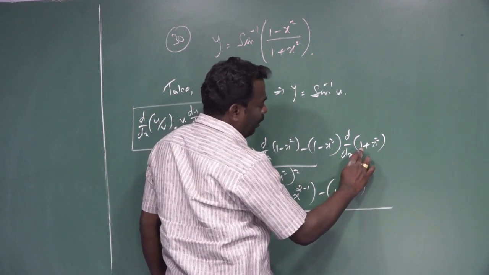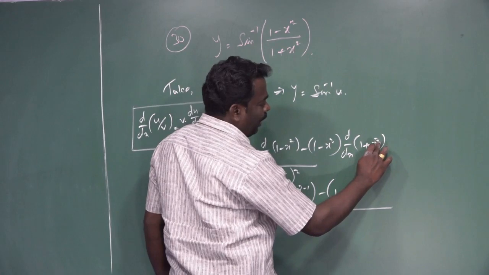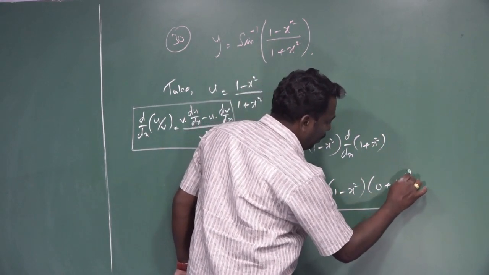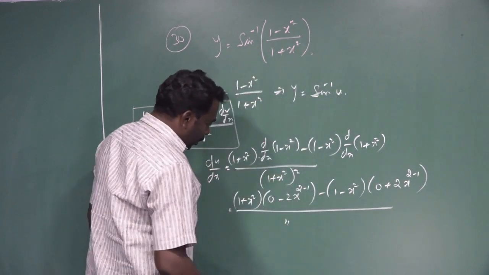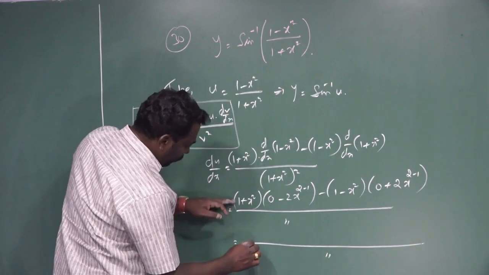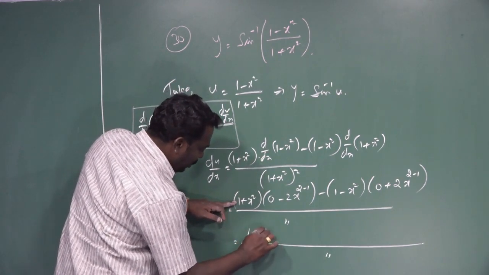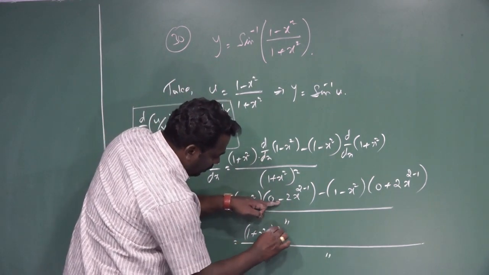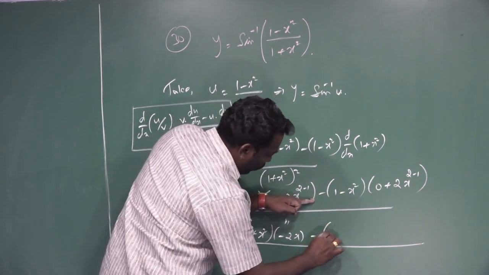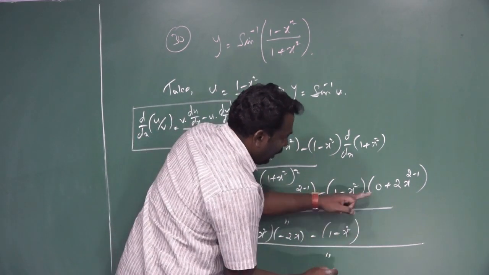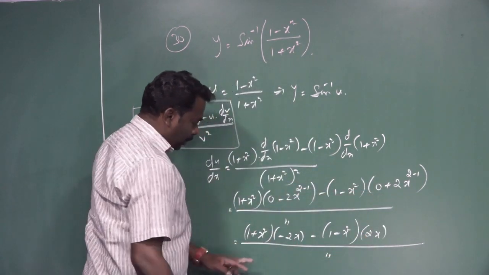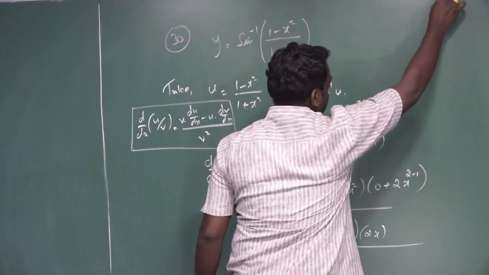Differentiation of the term 1, a constant, is 0, minus x power n form with n equal to 2 here. Therefore, within the bracket, 0 minus 2 into x power 2 minus 1, minus 1 minus x square as it is; differentiation of the term 1 is 0, x power n form with n equal to 2, therefore 0 plus 2 into x power 2 minus 1. Now simplify: the denominator stays 1 plus x square, and minus 2x is remaining in the bracket, minus 1 minus x square, again within the bracket 2x is remaining.